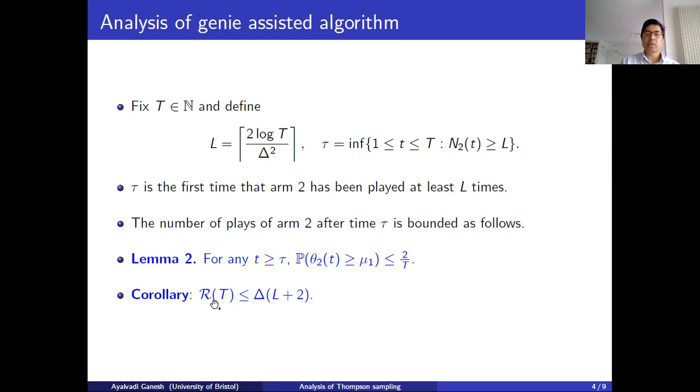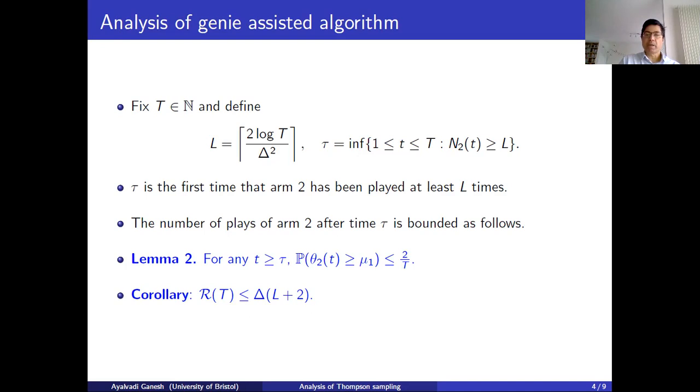And so the total regret up to time t is at most delta times L plus 2. Okay. So assuming the lemma, we've proved the corollary. And what remains is to prove this lemma. We'll do that in the next lecture, and that will complete the analysis of this modified Thompson sampling algorithm.